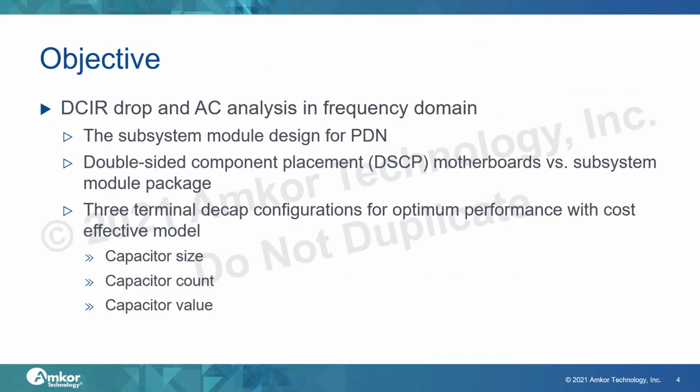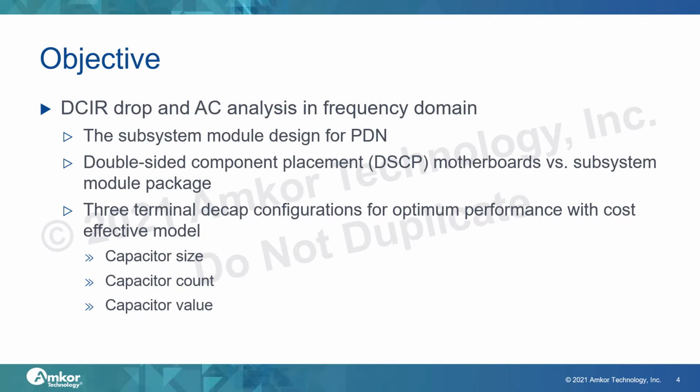Now I will discuss both static case DC IR drop and AC analysis in frequency domain with these three topics. First, I will highlight the role of simulation in the subsystem module design for this PDN. Secondly, I will compare the performance of a double-side component placement, we call DSCP, motherboard with the subsystem module package.